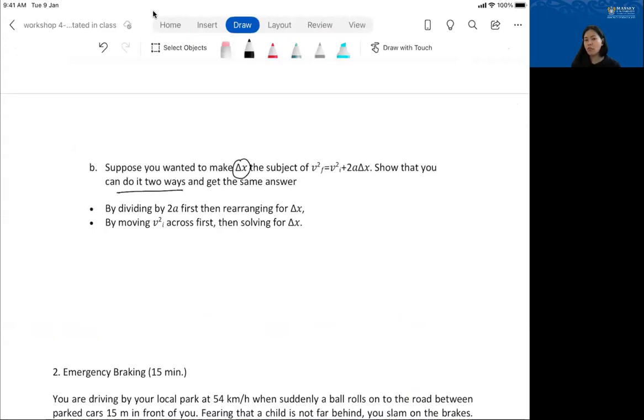And you can use the method that we did to rearrange that. It says here to rearrange it using two ways, first by dividing by 2a first, and by moving vi across. So you don't have to do that. The important thing here is to rearrange this equation to isolate delta x.